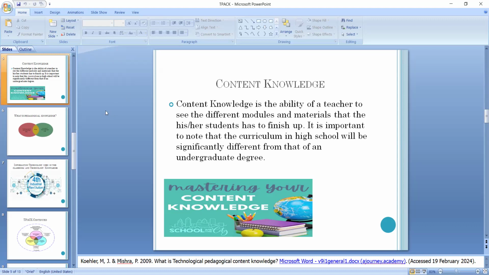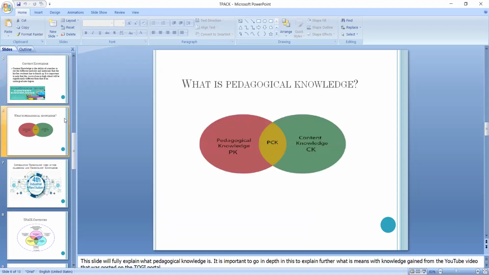So if we go over to the sixth slide, which is the pedagogical knowledge. Pedagogical knowledge focuses on the skills and knowledge that someone acquires through teaching students in the classroom. Some methods that someone will likely learn from teaching in the classroom are classroom management, gamification, fostering rapport with the students, and teaching students about everyday skills that they should learn.